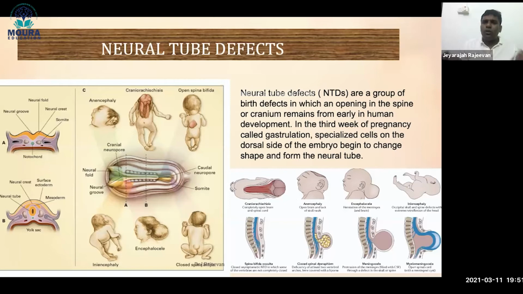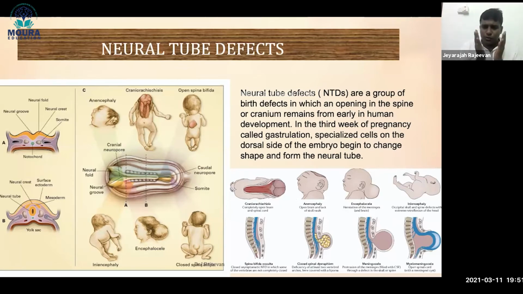This meninges will contain cerebrospinal fluid. This is your basic anatomy which you studied in anatomy as well as surgery, right? So we have the brain and the spinal cord that are formed from the neural tube. Your neural tube will be covered with the meninges, containing the cerebrospinal fluid.